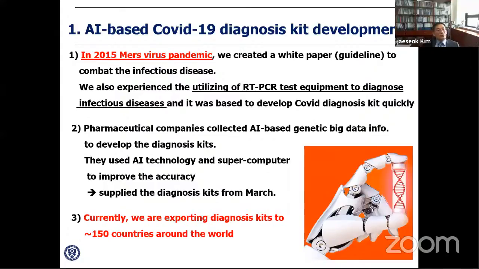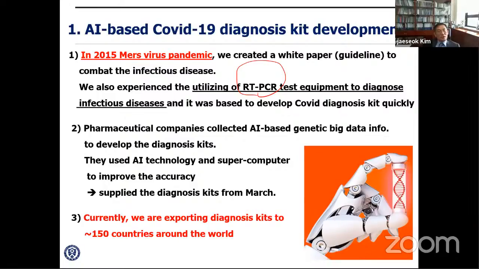In 2015, during the MERS virus pandemic, we created a white paper, which is a guideline to combat infectious disease. We also gained experience utilizing RT-PCR test equipment to diagnose infectious disease, and it was the basis to develop the COVID diagnosis kit quickly.